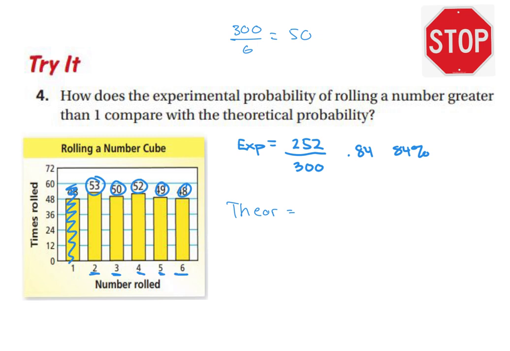So 5 times 50 would be 250 divided by 300. So 250 divided by 300 comes out to be 0.83, or 83%. So we would say in this situation, the experimental probability was 1% higher.